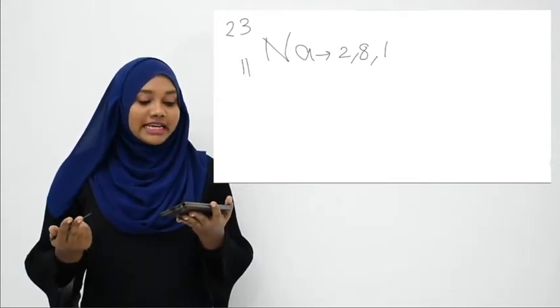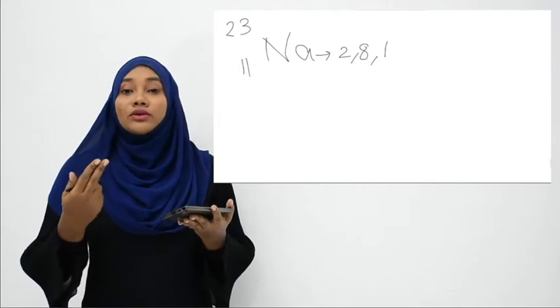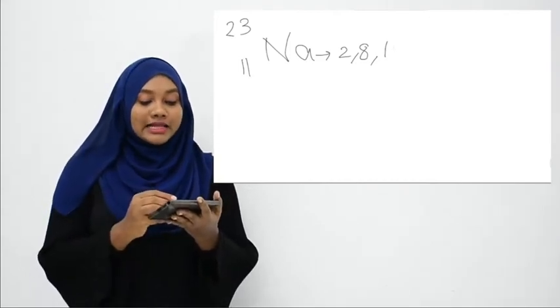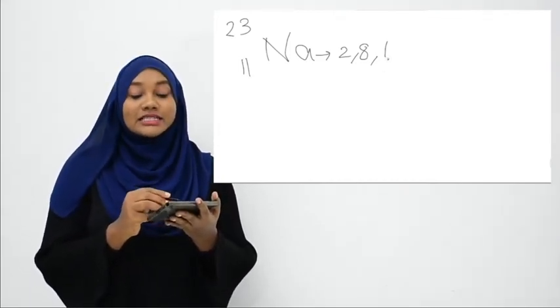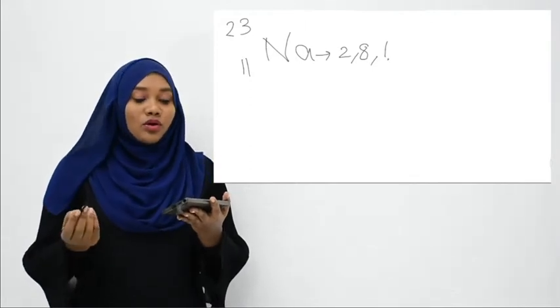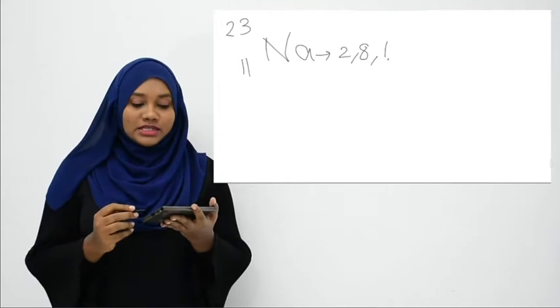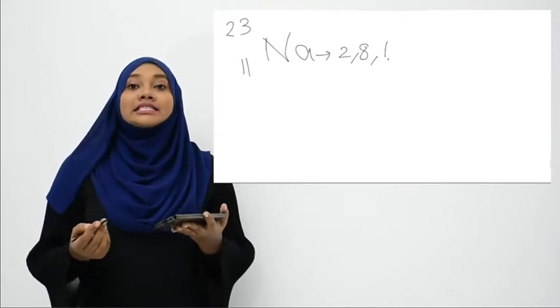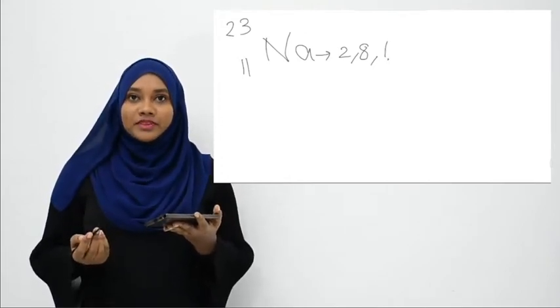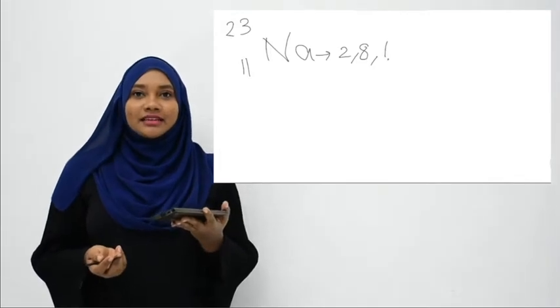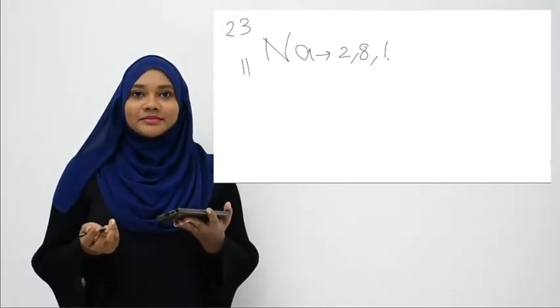One option is sodium can either lose the outer shell electron, that one electron in its valence shell, or sodium can gain 7 more electrons to obtain a stable electronic configuration. Which way would be easy? What do you think?